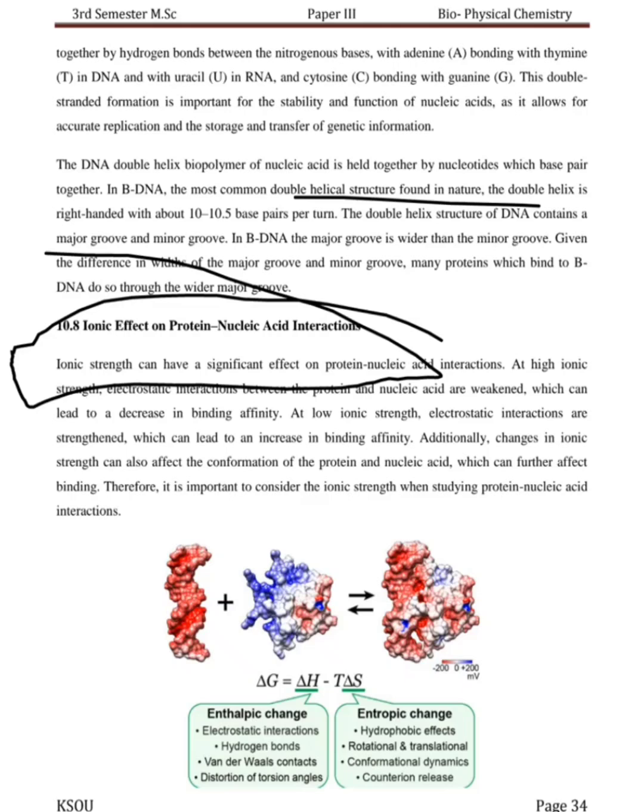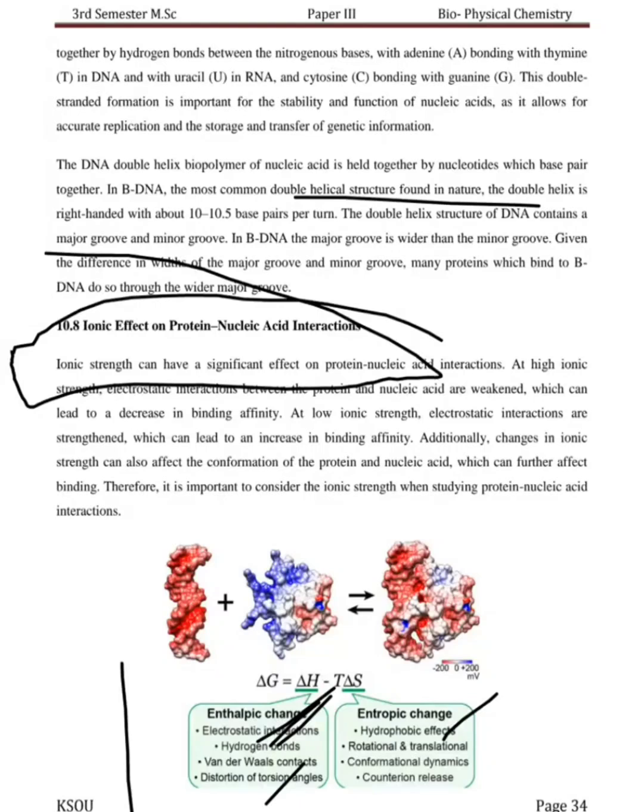That can be denoted by delta G is equal to delta H minus T delta S. Delta H is for enthalpy change. Here we can calculate electrostatic interactions, hydrogen bonds, van der Waals contacts, and the distribution of torsion angles. Delta S is with respect to entropy change.